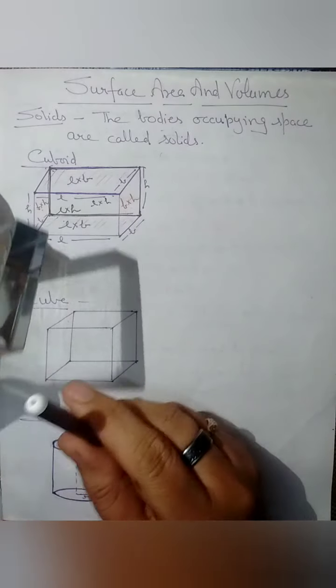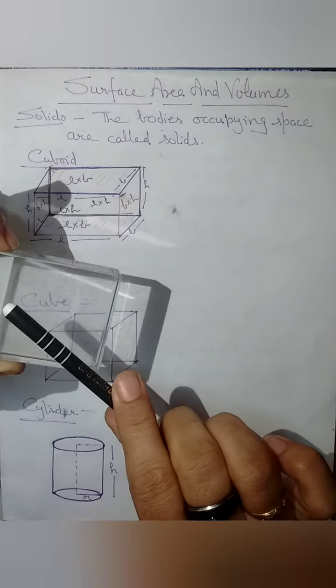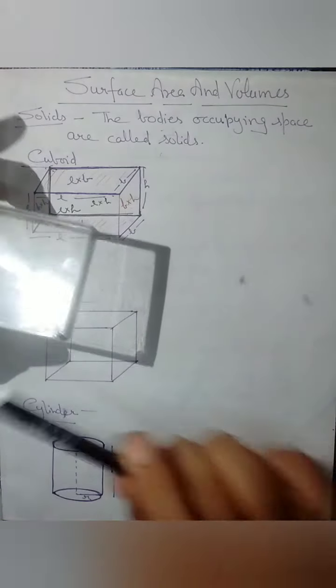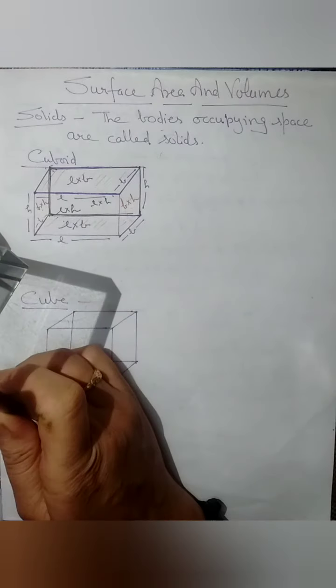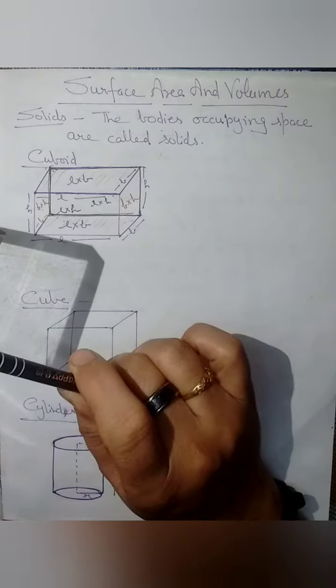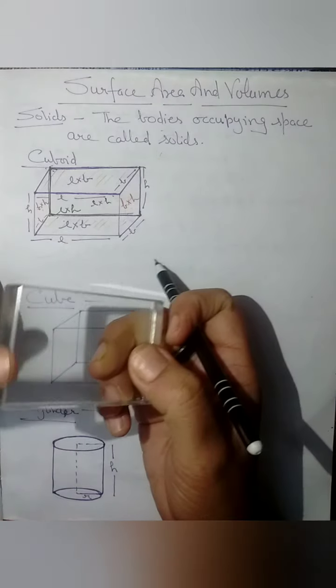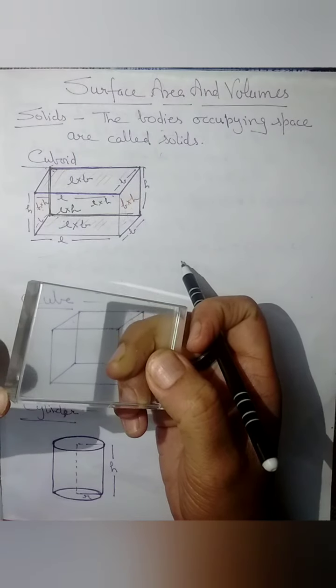If this is L and this is B, then L multiplied by B. In the same way, the top will be L multiplied by B. As this one is B and this is H, the area of this rectangle will be B multiplied by H, and for this rectangle also B multiplied by H.